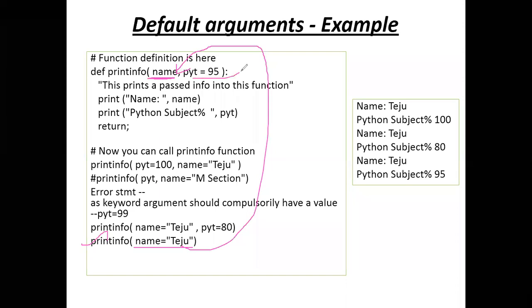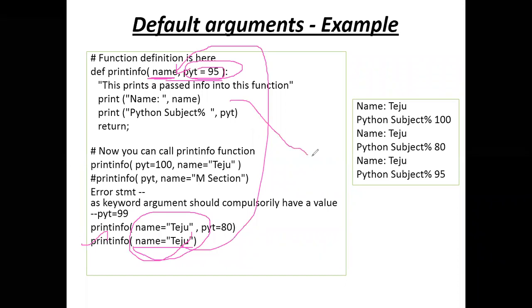For pyt I haven't mentioned any value. So in that case, by default in the definition statement, if you have any value, that value would be printed. Even though I am not giving a value for pyt, by default in the definition, if you have a default value, that value will be taken and printed.